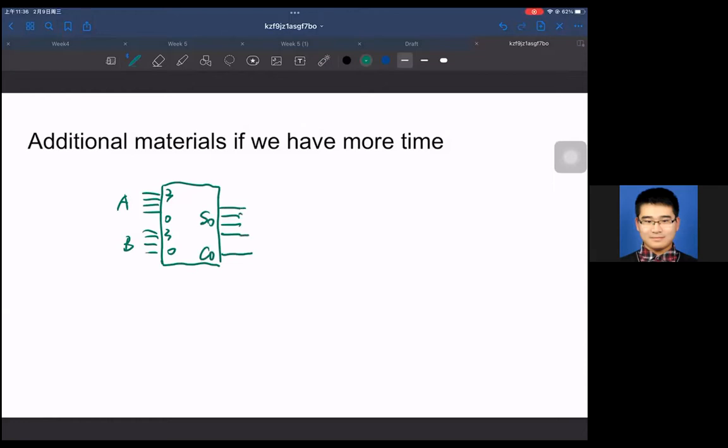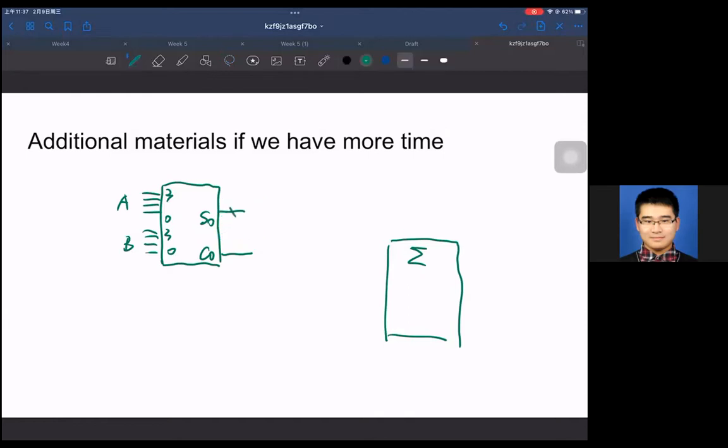Okay, and the next one, what we are trying to do is the following. I can put another adder. This is for processing. So remember, S0 is a summation we are going to get, but we are building a decimal adder. So if S0 is greater than or equal to 10, then we need to do a -10 on this.